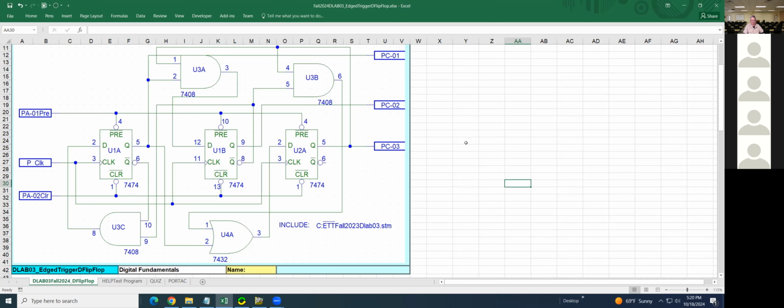My question is, how can you go to PSpice to draw this circuit? Any problem? Can you repeat the question? Can you go to PSpice to draw this circuit? Yes, I think you can, but I haven't drawn one like this yet.